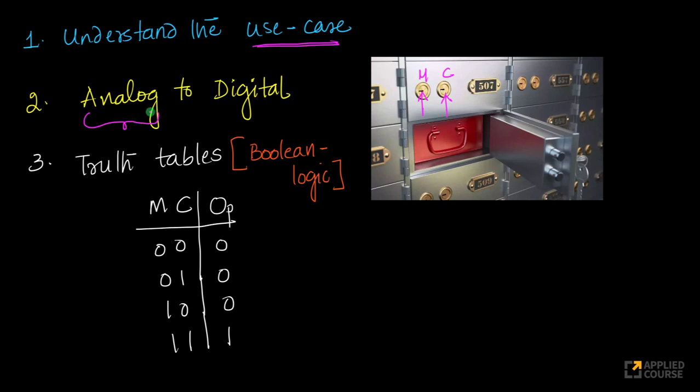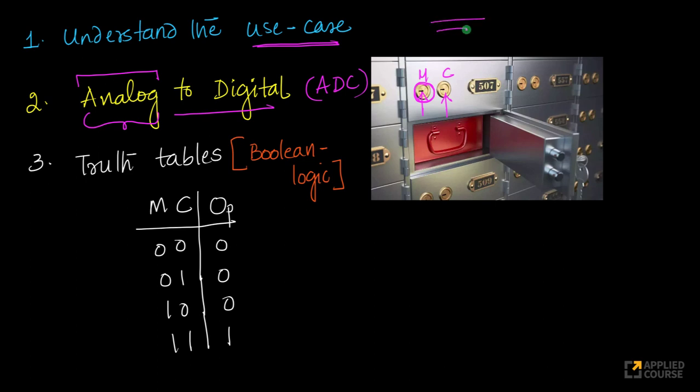Any electromechanical system which is not digital is called an analog system. Your key is also an analog system because it's a mechanical system. The moment they insert a key and rotate it, whether that key is valid or not is determined using a special circuit called an analog to digital circuit, often referred to as ADC. Probably the analog to digital circuit will see the actual shape of the key, or the shape of the teeth of the key.